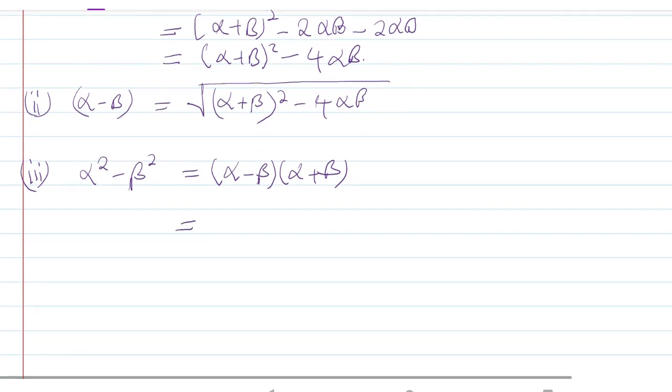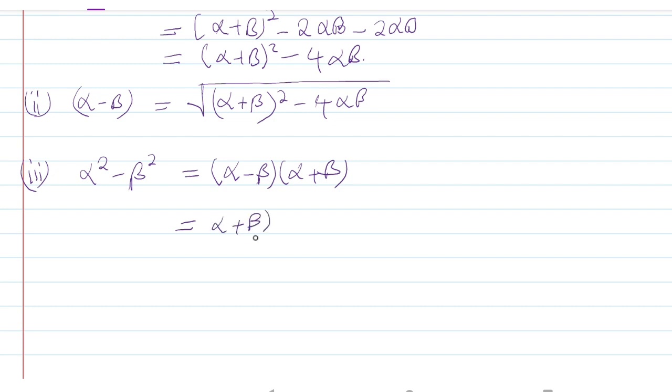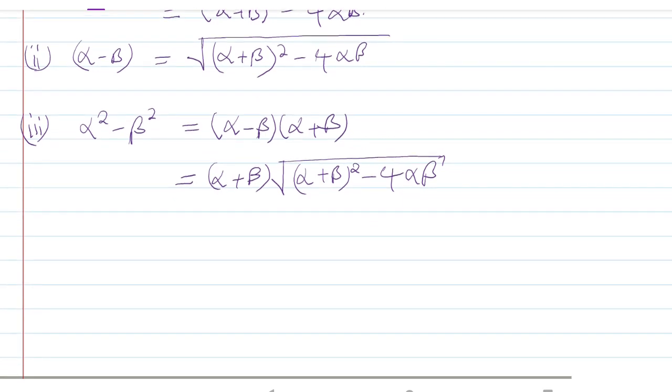So in number two, we know what alpha minus beta is. We know that alpha plus beta has a known value, and alpha minus beta is this square root. So we take the square root of alpha plus beta squared minus 4 alpha beta. So you can see that everything is depending on where we are coming from.